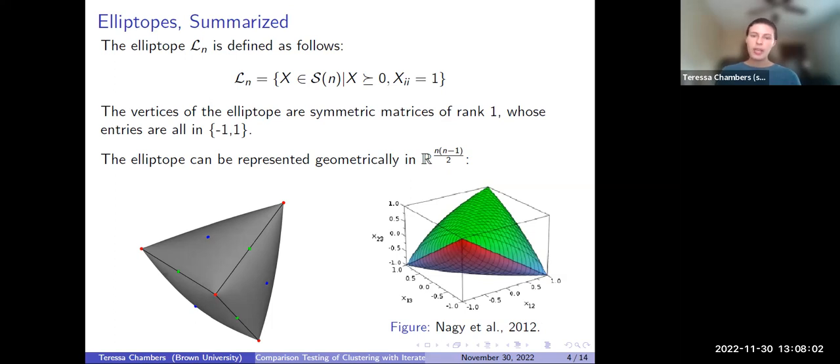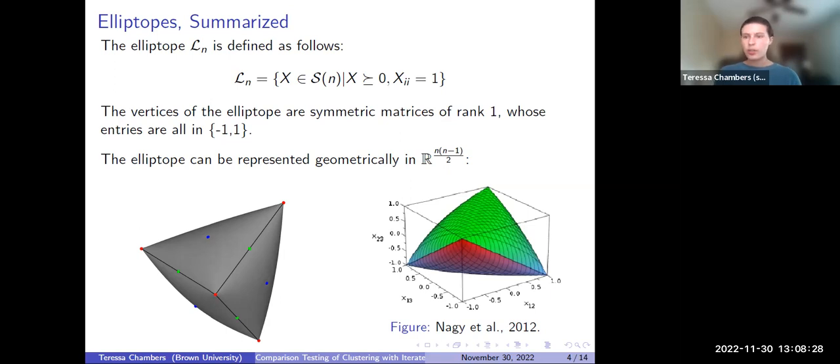Now, the elliptope is actually defined using the space of symmetric positive semi-definite matrices. The elliptope Ln is the subset of symmetric matrices such that they are both positive semi-definite and have entries of ones all along the diagonal.